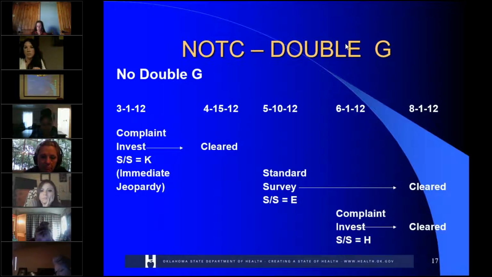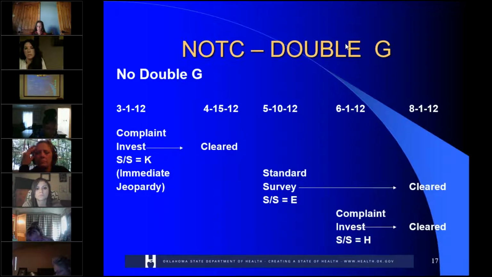It was cited as an E. In June, we went out for a complaint investigation, cited it as an H. Now, if you'll notice, the May standard survey is still not cleared. And now we have the complaint investigation at H that's not cleared. We go back in August and we clear both of them. So this is not a double G situation.